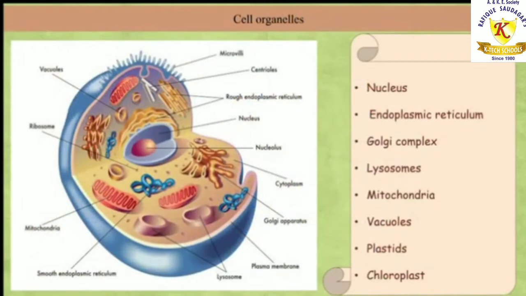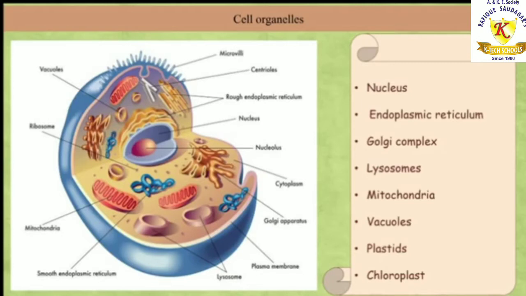So children, today we will be learning the different cell organelles present in the cell. So what is an organelle? An organelle is a specialized subunit having specific functions within the cell. In simple terms, they are the organs of the cell.